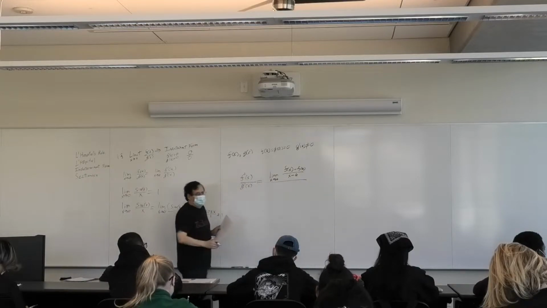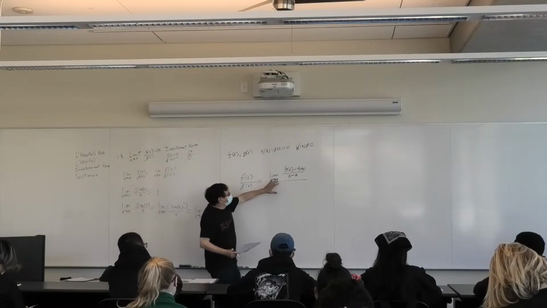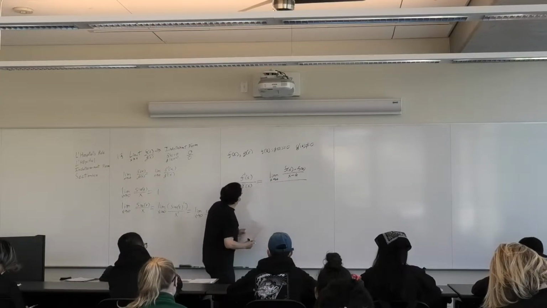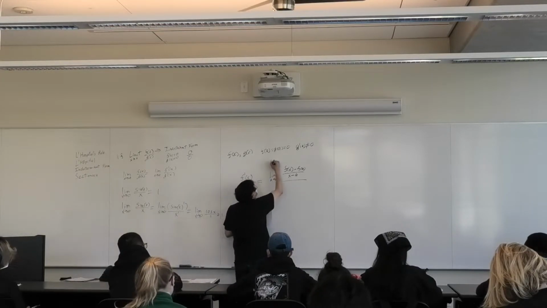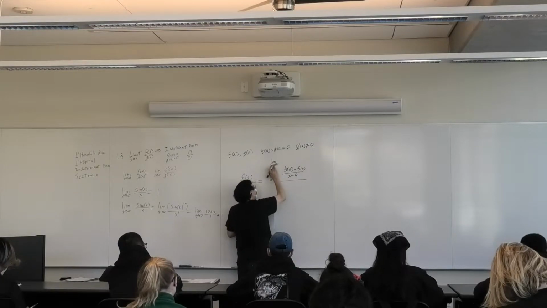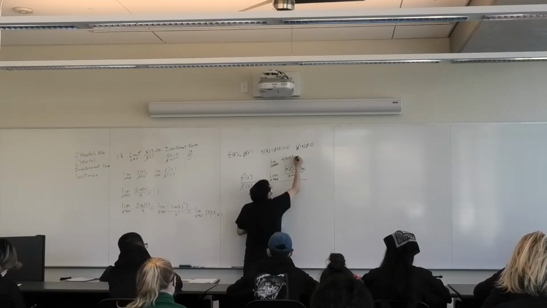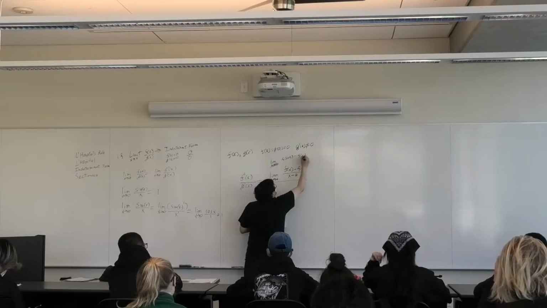Now, you might recall when we first looked at the definition, we used a slightly different version that was equivalent. We used the limit as h approaches 0 of f of x plus h minus f of x over h.